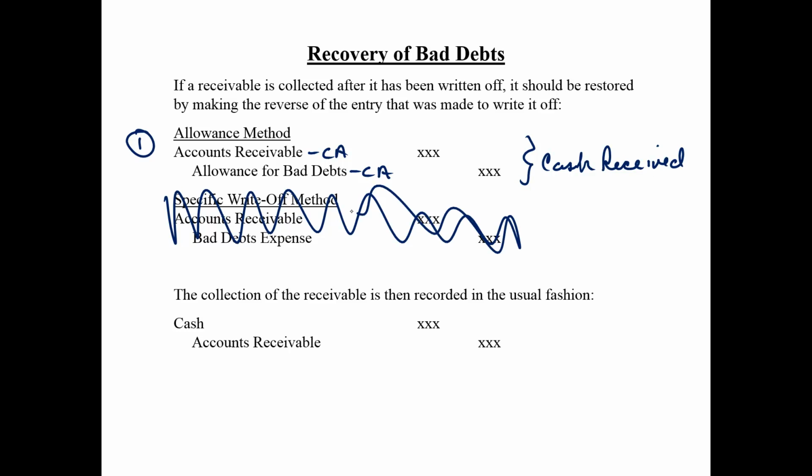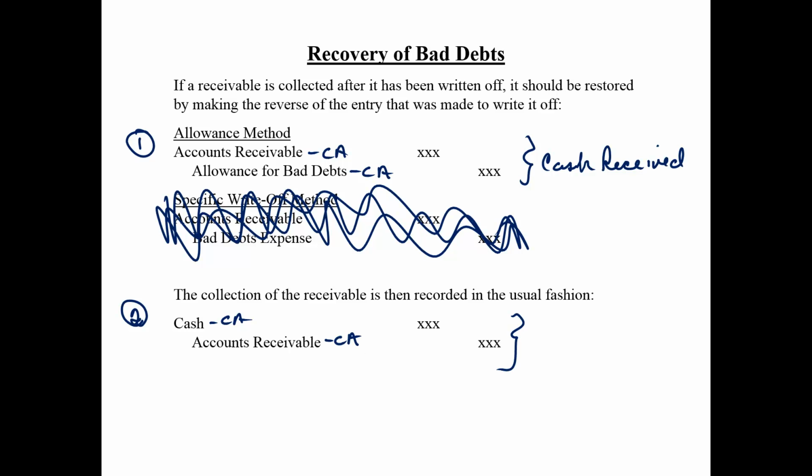This is the direct write-off or specific write-off method. And the second thing is take their money. Again, cash and accounts receivable are both current assets. So there is no impact to our current assets when there is a recovery. Again, the amount is for the cash received.